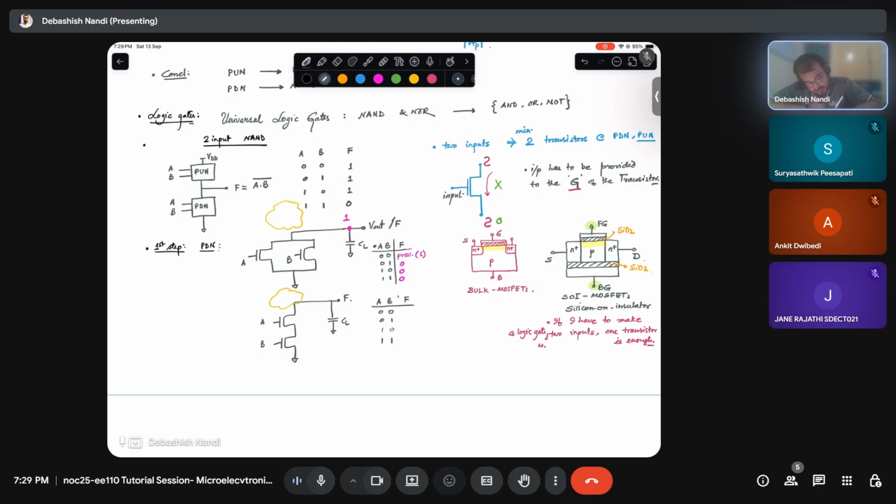Now, what about this case? When both transistors are off, obviously I will have it connected to the previous stage. And what about if one is on and the other one is off?